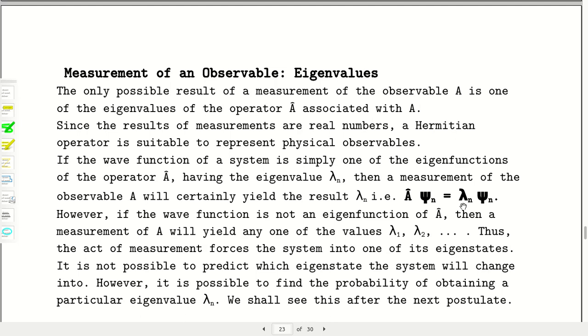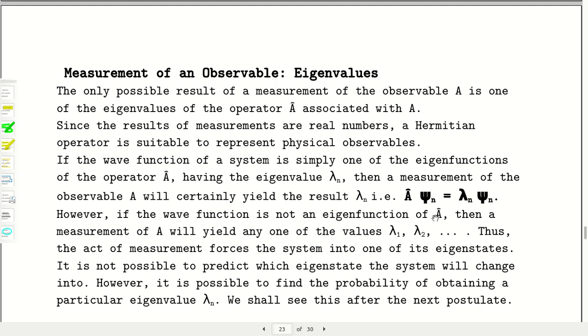Because if you are going to measure some dynamical variable by an experimental method, you are disturbing the system. That is why the system will be set, or will assume, that eigenstate which you have set in your experimental environment.